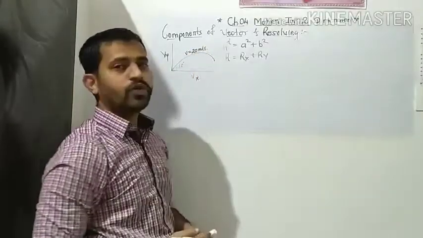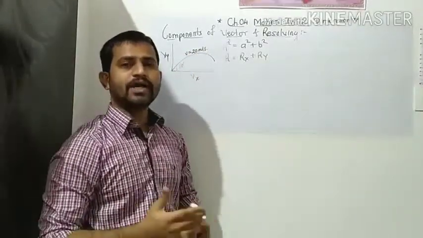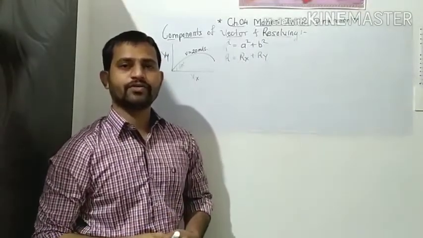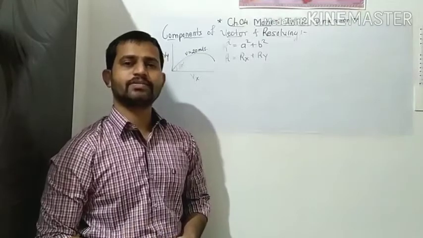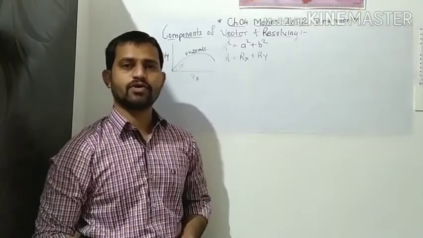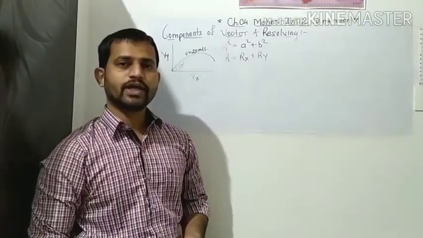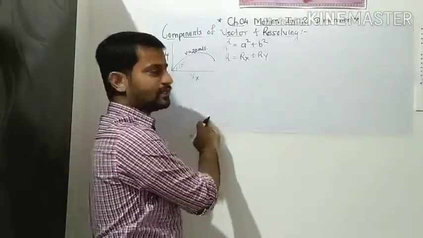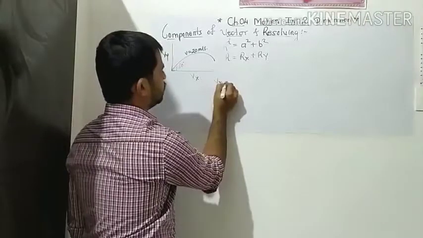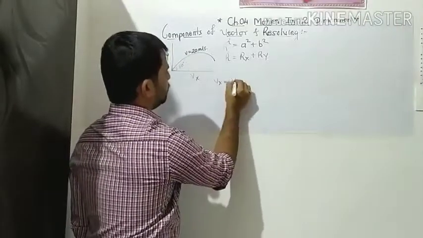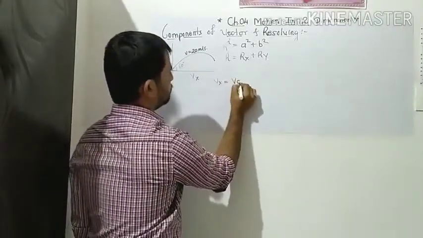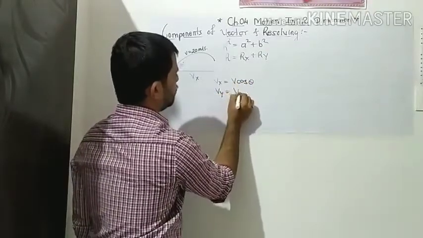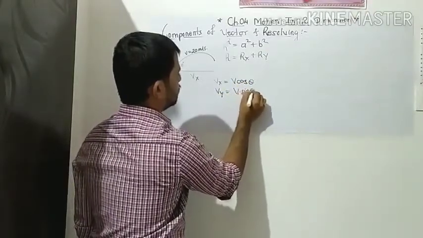Okay. Then if we have to find out the magnitude of its component, how can we find it out? We know the resultant is making some angle theta with respect to one component. So accordingly, we can write its component along the x direction as Vx is equal to V cos of theta, and Vy is equal to V sin of theta.